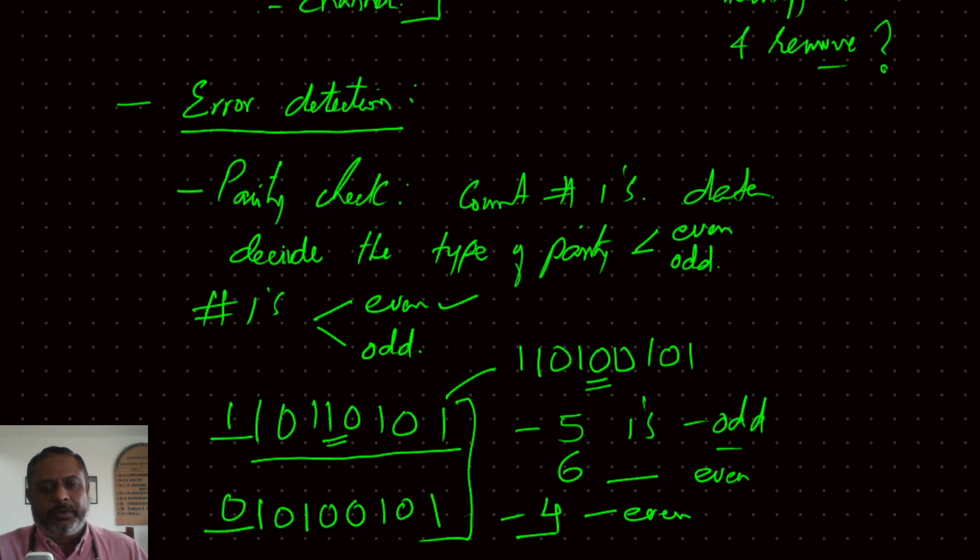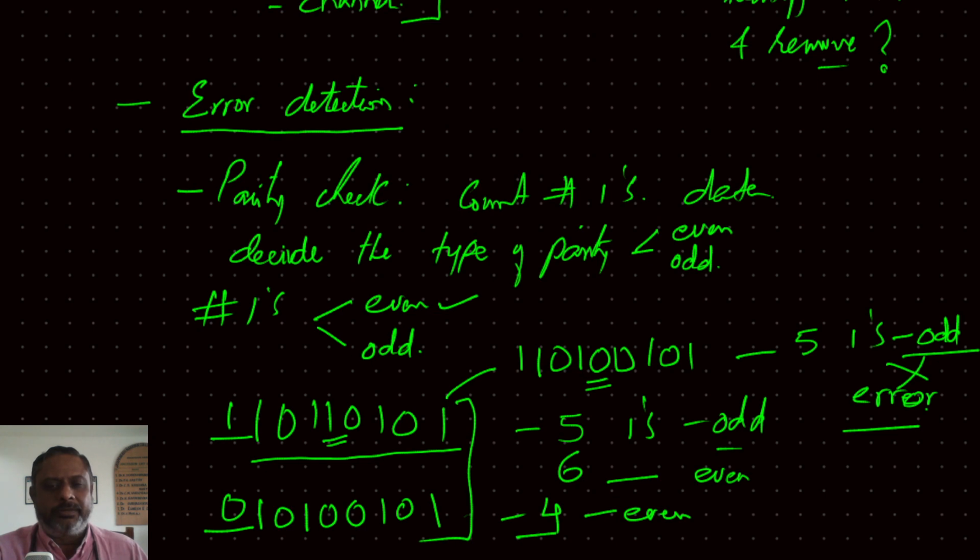It was supposed to be 1, we got a 0. Now you count: 1, 2, 3, 4, 5. So there are 5 ones, which means the parity is odd. That means there is something wrong with this, so we detect that there is an error. This way we can identify whether there is an error or not.